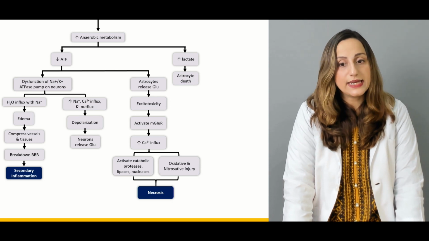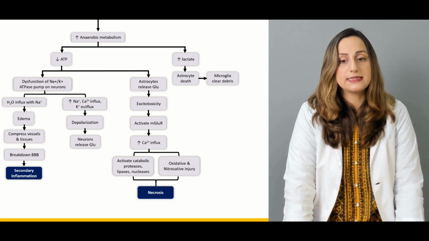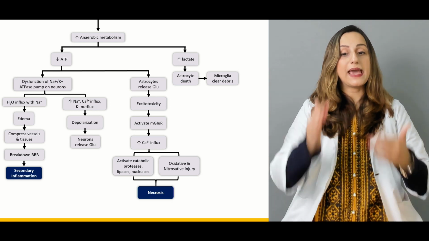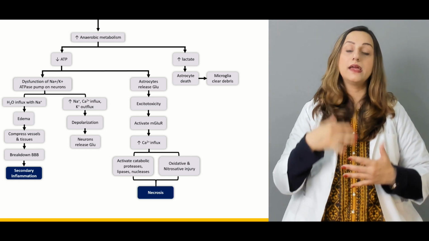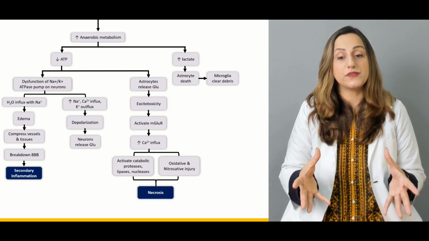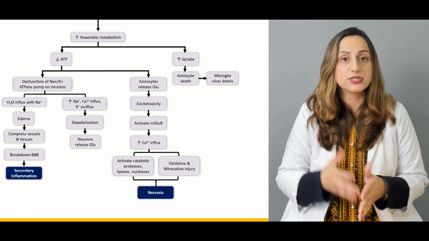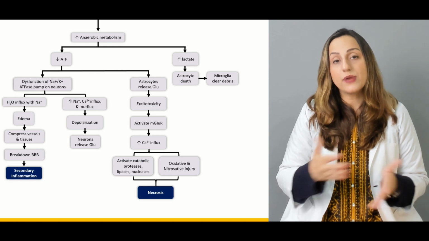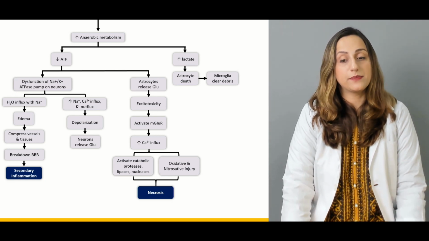Then the astrocyte cell deaths are going to take place, and the microglia cell debris. Astrocytes and microglia are the key features for the blood-brain barrier. And if the deaths of these cells take place, it is going to result in the breakdown of the blood-brain barrier.